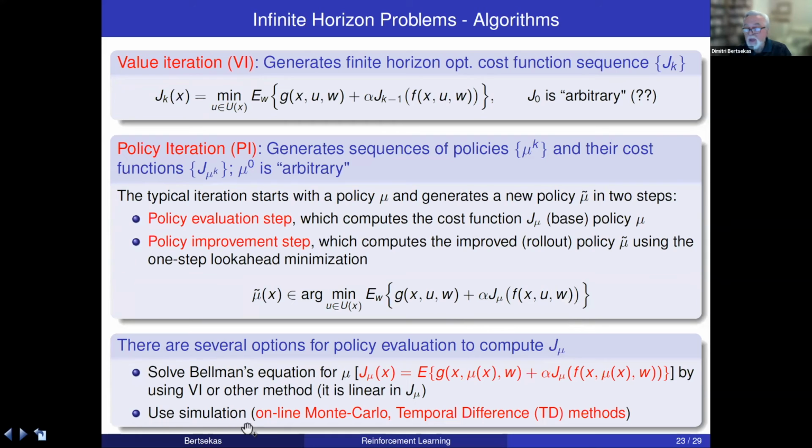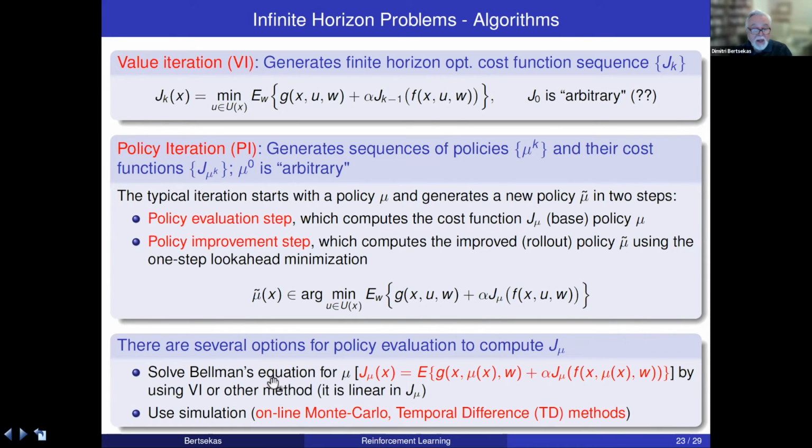That's another possibility: use simulation to calculate the needed values in this one-step look-ahead. And there are also methods for doing this approximately. There are some other more sophisticated reinforcement learning methods called temporal difference, which we may get into sometime later. But these are the two basic methods.